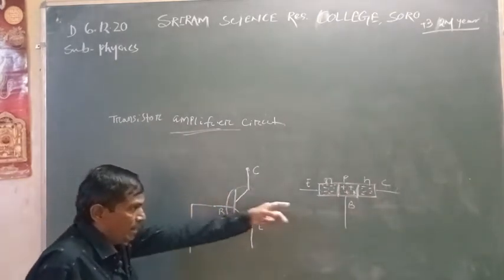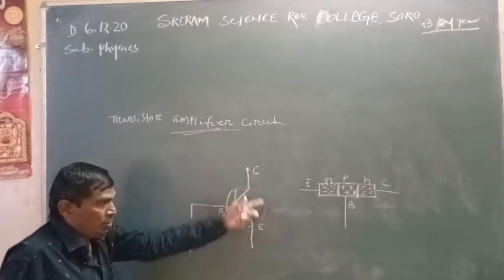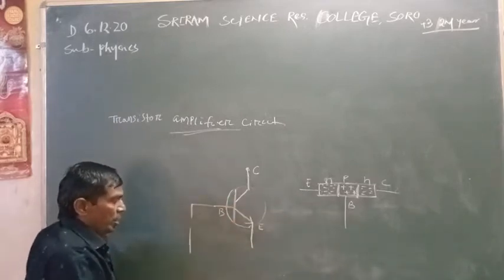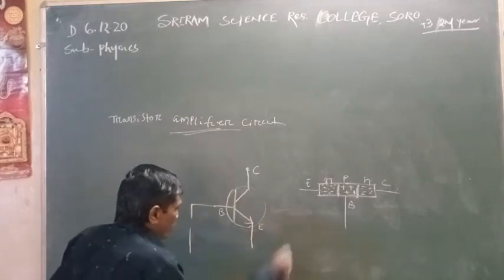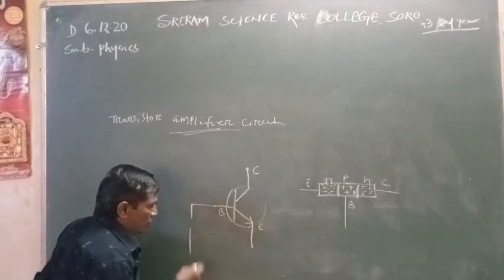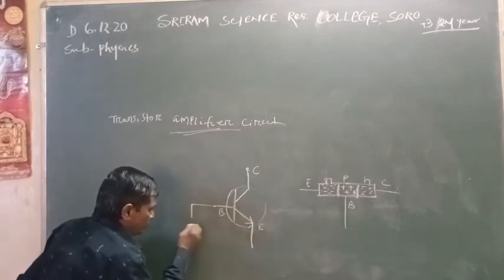Here we apply the voltage in the input circuit. This is the base emitter junction.